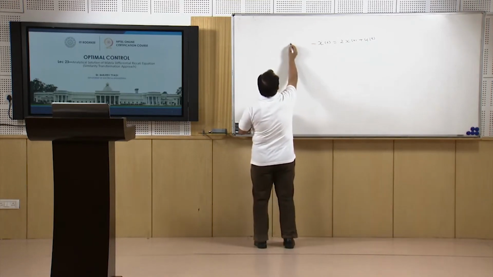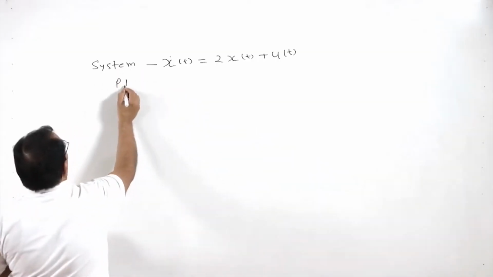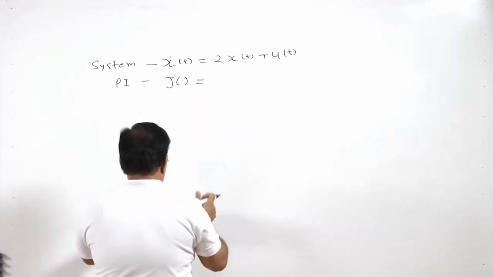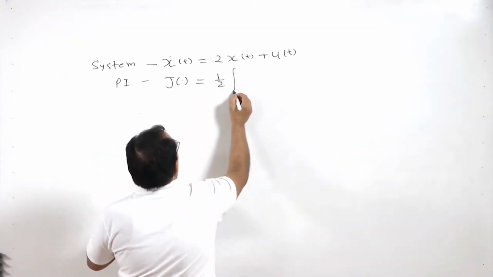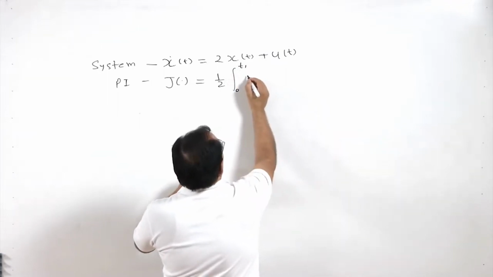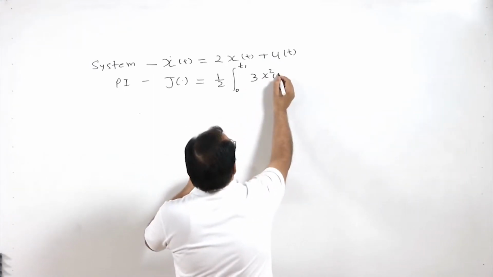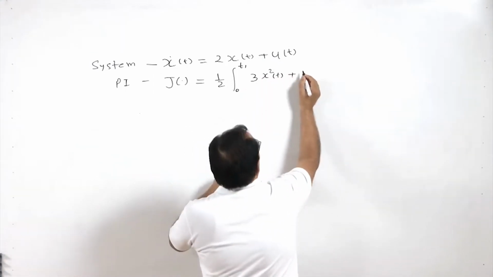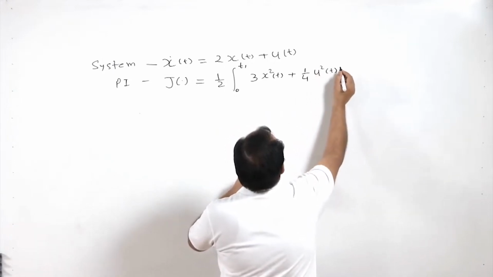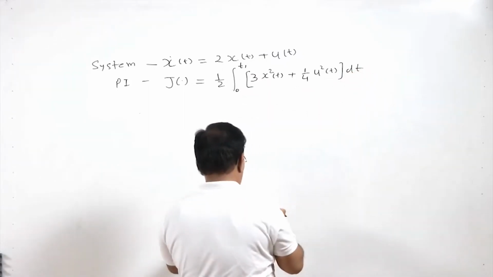So, my system is given by this matrix and the performance index is given with one by 4 u square(t) dt.